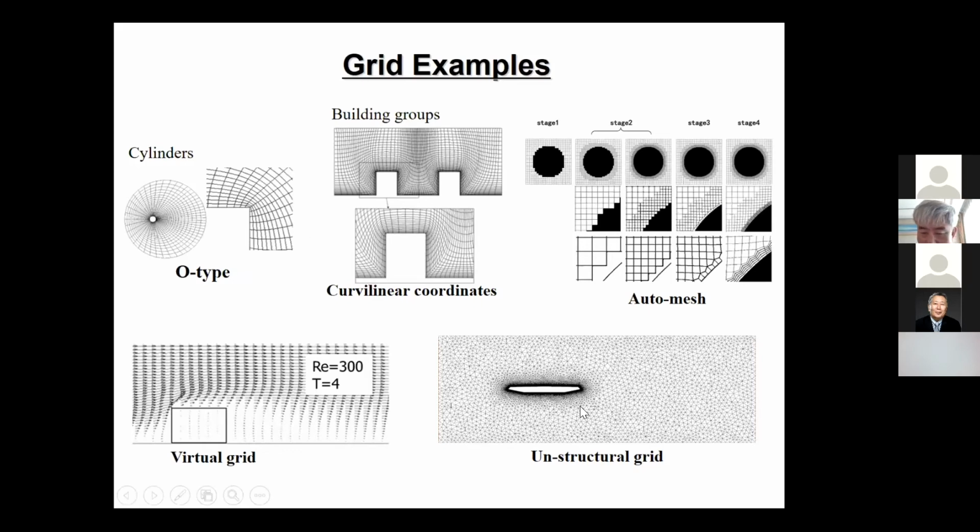Or for a bridge, usually we use an unstructured grid because the bridge deck is quite complicated. And in some cases, we use a virtual grid. There is no grid on the body surface, but we use a virtual grid to simulate the flow around a square cylinder. Actually, we didn't add a grid at the boundary on the body surface.